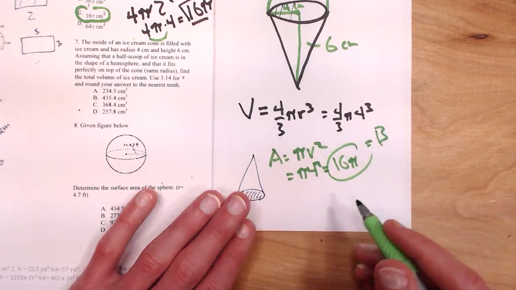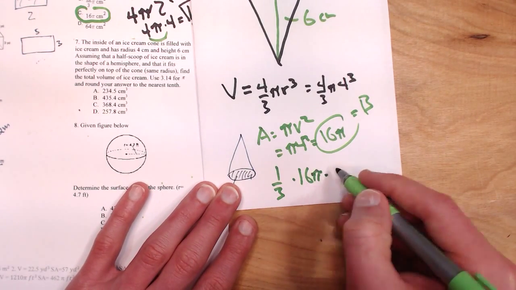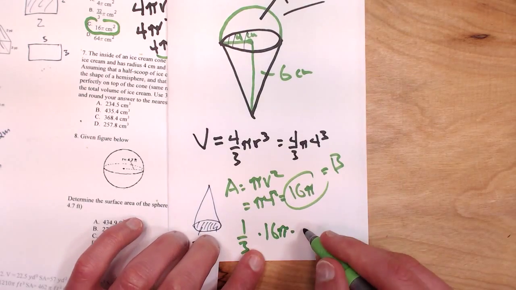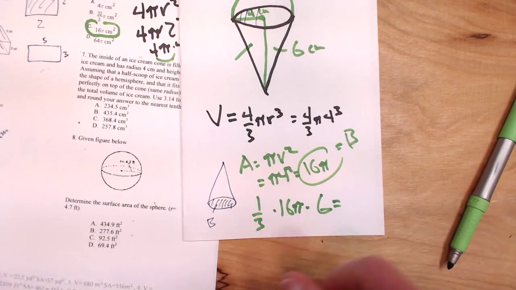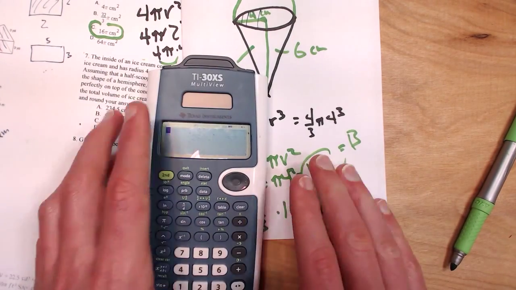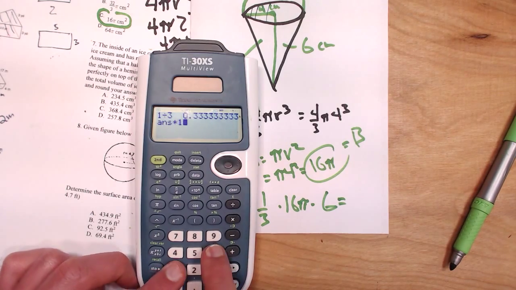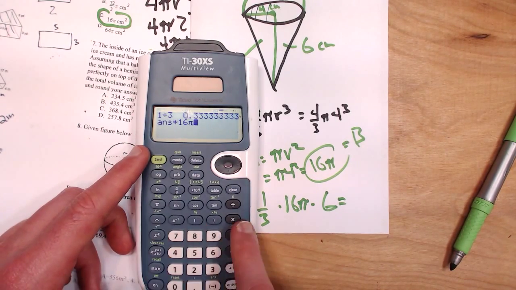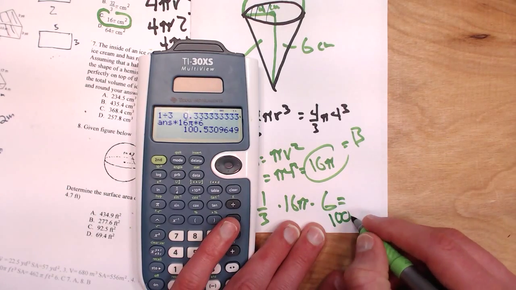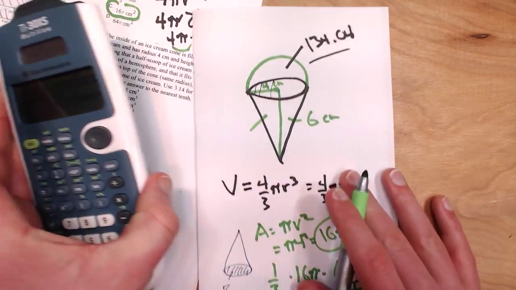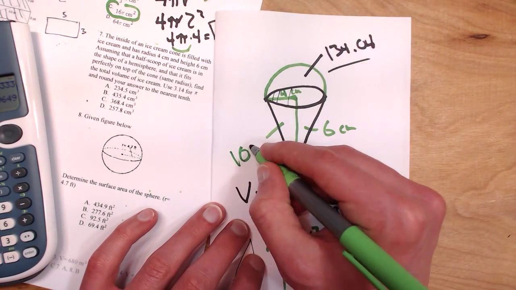This is big B. So if we do 1/3 times 16 pi times our height, which we know is 6, then we should get the volume of the cone. So let's do that in the calculator. I'll do 1 divided by 3 times 16 pi times 6. And I'll get close to 100, so 100.53. So hopefully, when I add these two together, I'll get a reasonable answer.